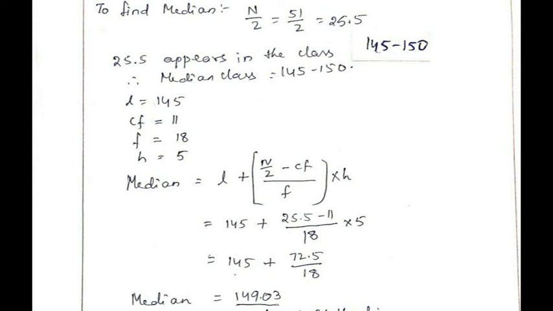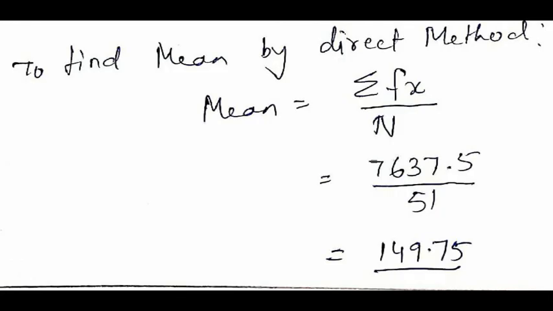And you get median with the formula L plus (n by 2 minus CF) divided by F into H. You get median is equal to 149.03. To find mean by direct method, mean is equal to sigma fx by capital N, and we get the answer 149.75.